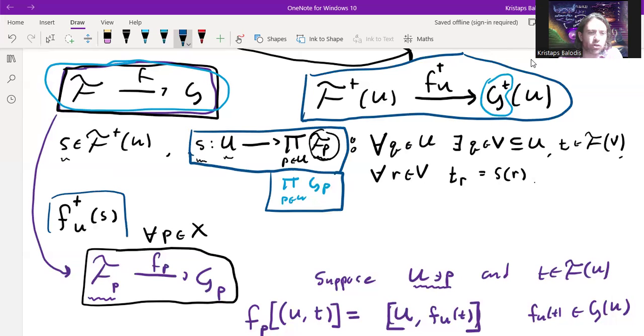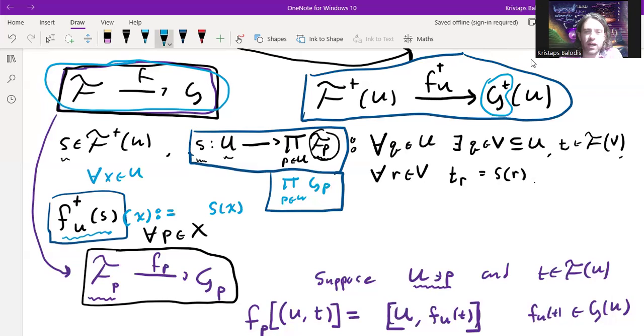So what should I do? Well, remember that this thing here has to be a function, right? So it's enough for me to tell you what it does to define it for all points in U. So I'm going to define this to do what? Well, first I'm going to take S_x, right?